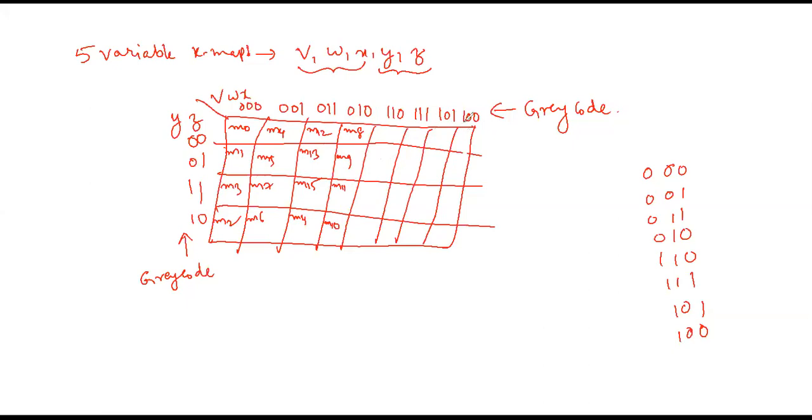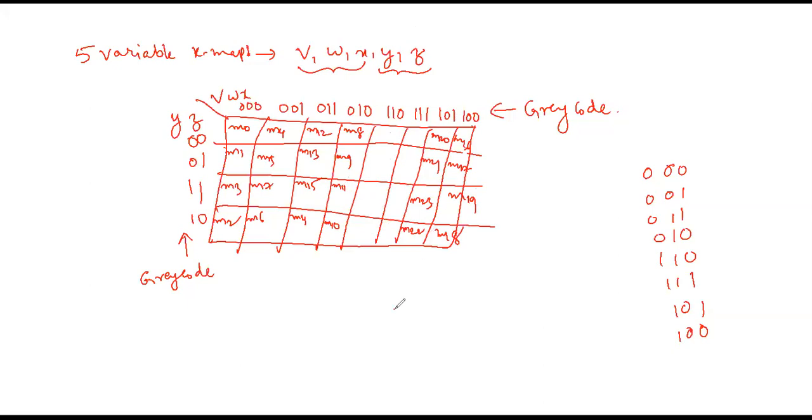Okay. M16, M17, M18, M19, M20, 21, 22, 23. Like this, we can write the remaining also, but we'll take one problem here.